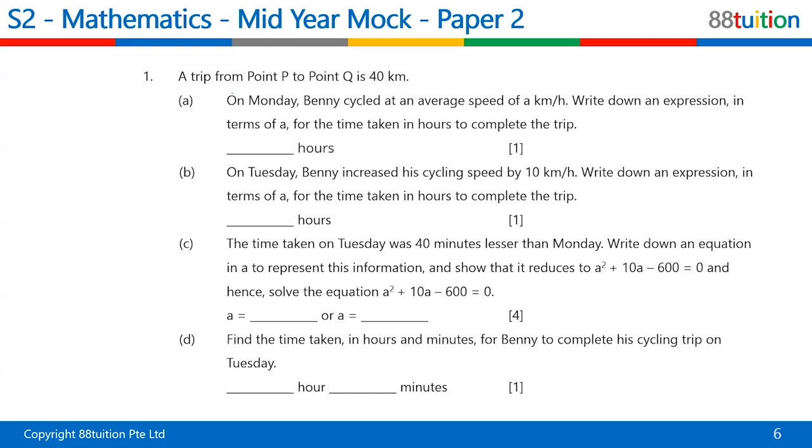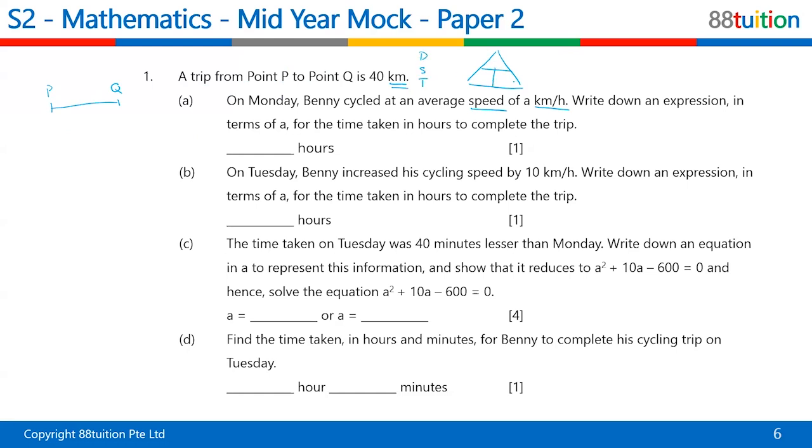just start with the question first. A trip from point P to point Q is 40 kilometers. So we have distance, and later we will have speed. Let's revise a bit about the triangle for speed, time and distance. We have 3 things.